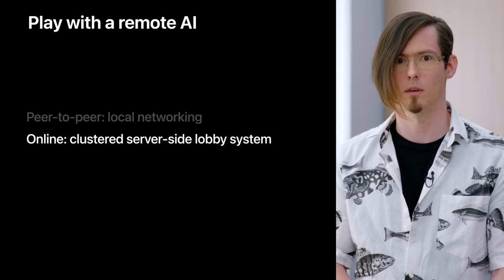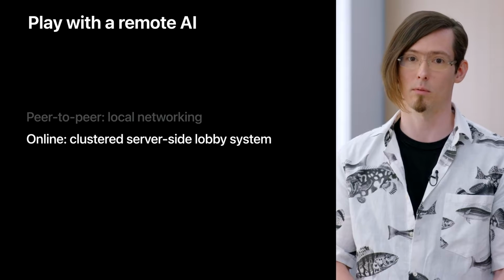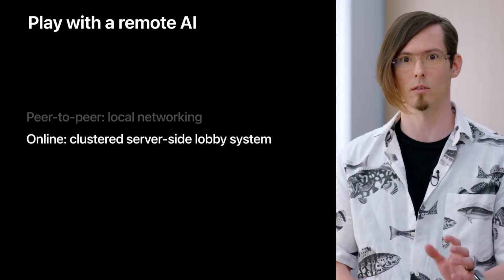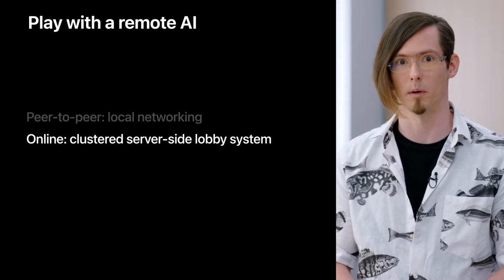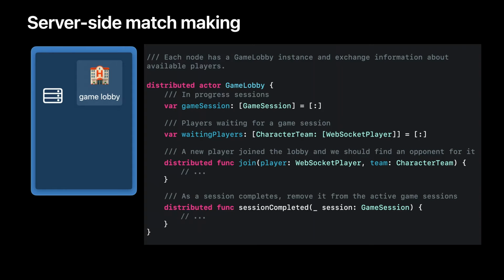Last but not least, let me give you an idea what we can achieve by combining different actor systems. For example, we can use the WebSocket system to register device-hosted player actors and a server-side lobby system that will pair them up and act as a proxy for distributed calls between them. We might implement a game lobby actor, with which device-hosted player actors are able to register themselves.